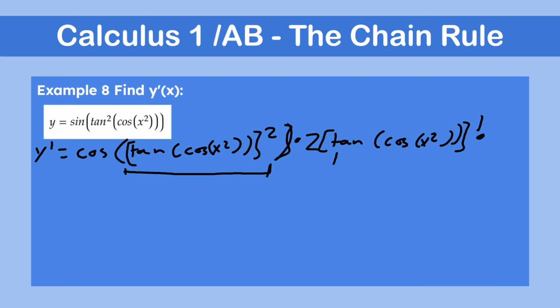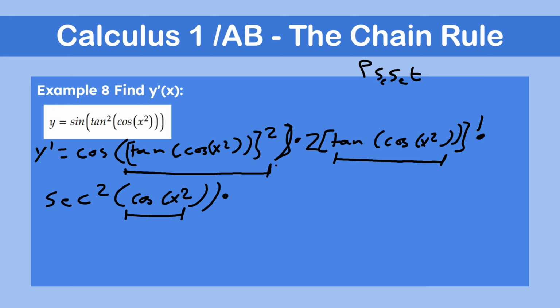So now we're going to take the derivative of the inside of tangent, and the derivative of tangent is secant times secant, also known as secant squared cosine x squared. We keep the inside the same, but now we have to multiply by the derivative of the inside. So that's negative sine x squared. But now we take the derivative of this inside, and now we have 2x.